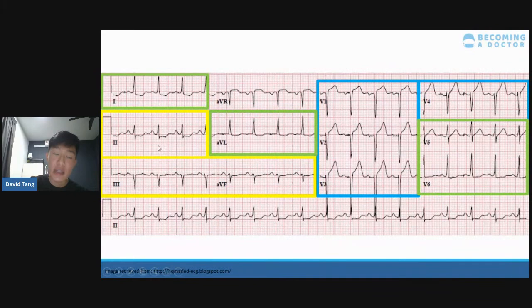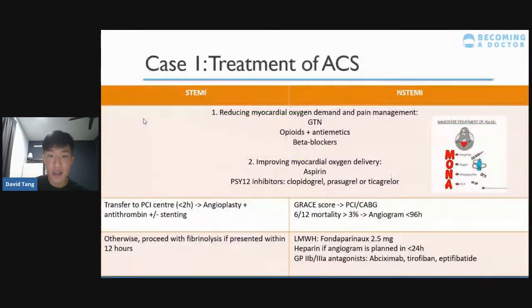And lastly, if it's inferior, most likely it's a right coronary artery disease. There's no need to go into details about the anatomy, but the cardiologist who performs the angiography has a ballpark idea about where the coronary disease will be based on the ECG changes.